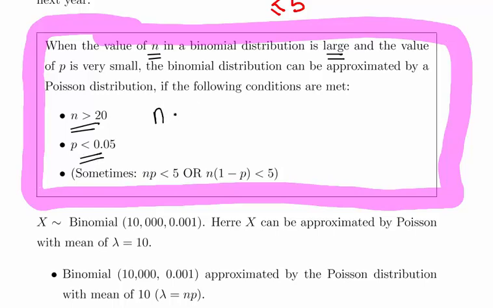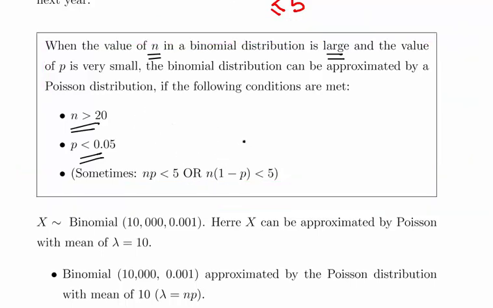Now in some other textbooks or courses you might get different things like N has to be greater than 50 and P is less than 0.02. It doesn't really matter, just justify it according to how you are told to justify it in your textbooks and your coursework. The point is not how you justify it, but just justify it.